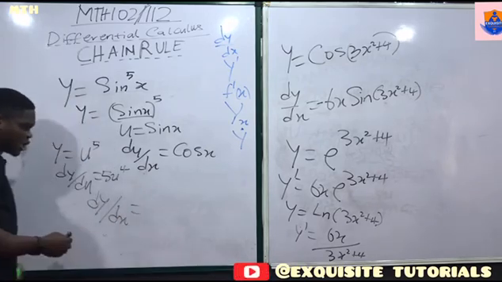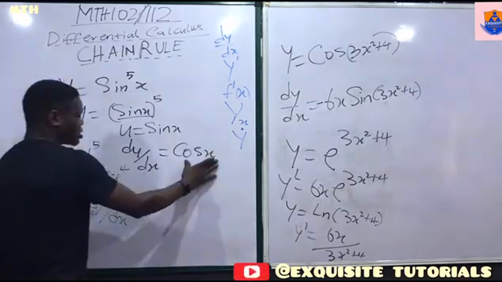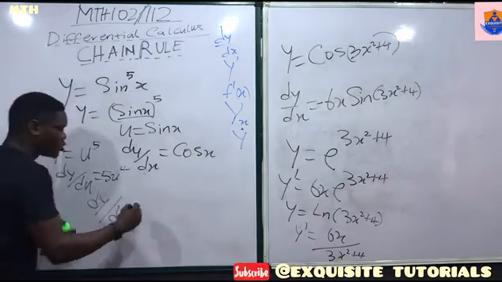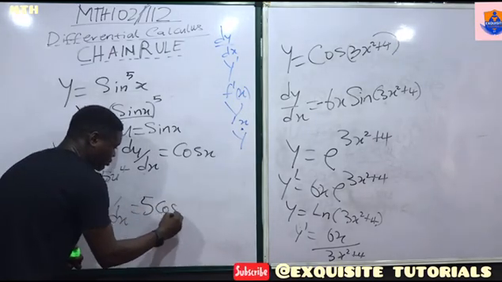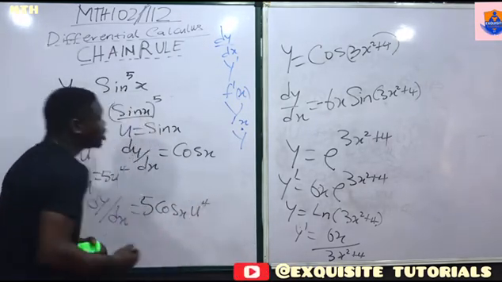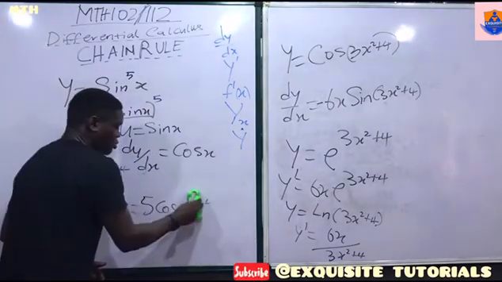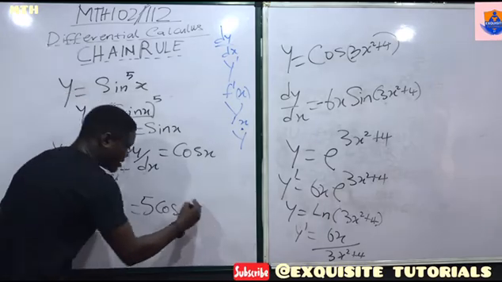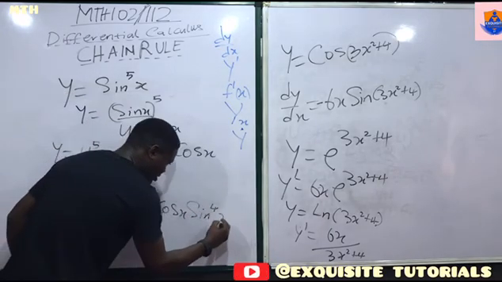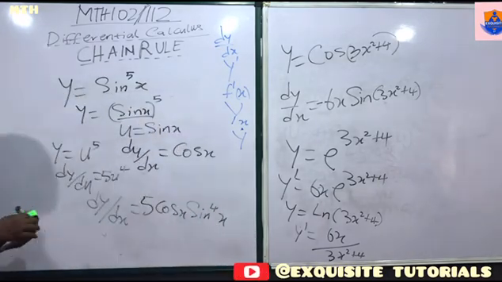So our dy over dx becomes 5 times cos x times u raised to power 4. So we have 5 cos x u raised to power 4. Remember, we said u is sine x. So our u is sine x, we replace it and write sine x. So this will be our dy over dx.